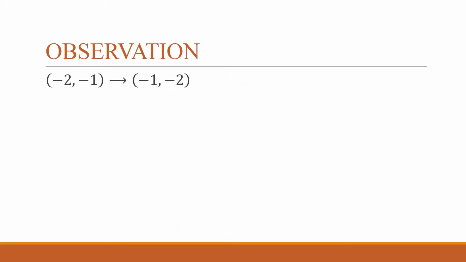Now, what do you observe? You observe that the first object point, (-2, -1), produced the image (-1, -2). In the same way, the second object point, (-5, -3), produced the image point (-3, -5).